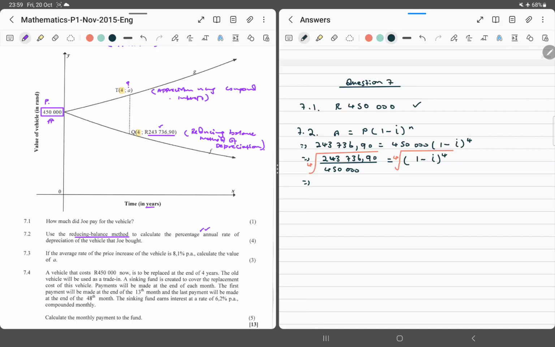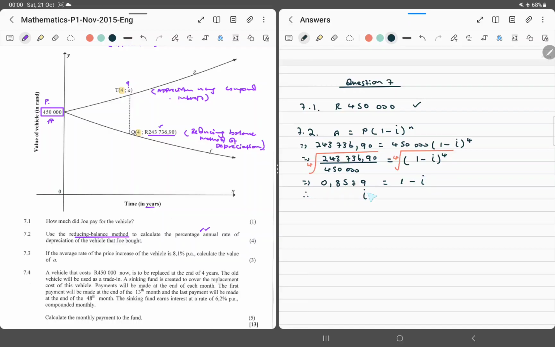Shift, taking the fourth root of 243,736.90 over 450,000. So this gives us 0.8579 to 4 decimal places is equal to this. Just simply takes out all of that shenanigan.